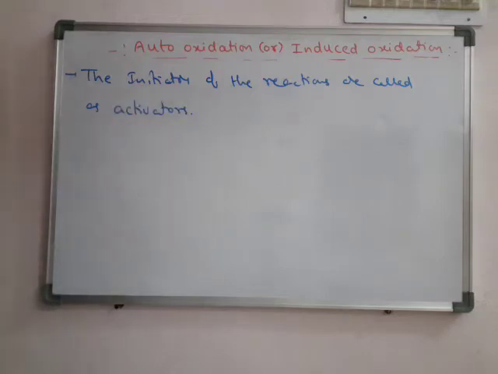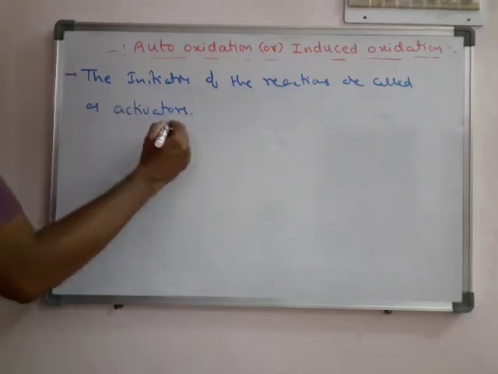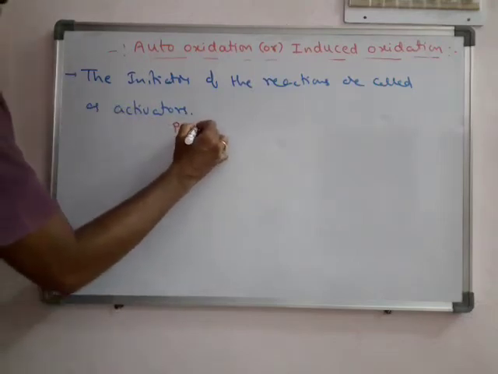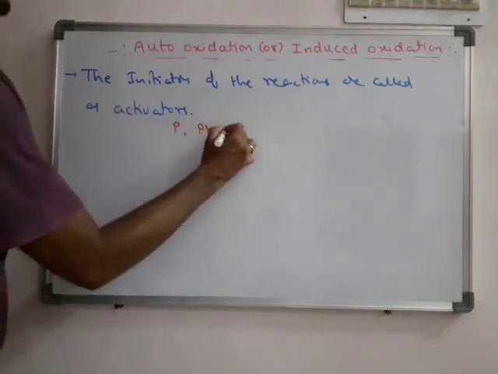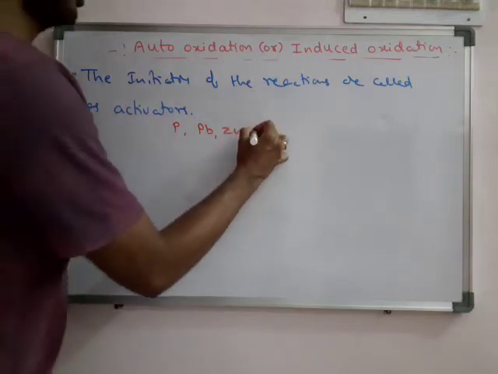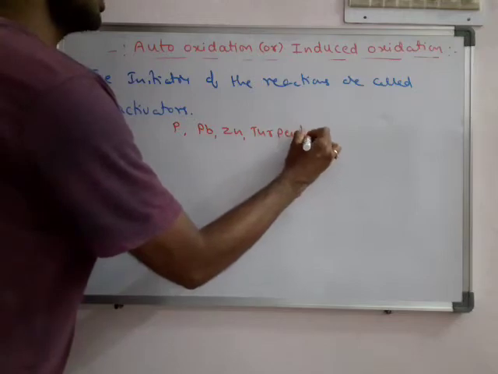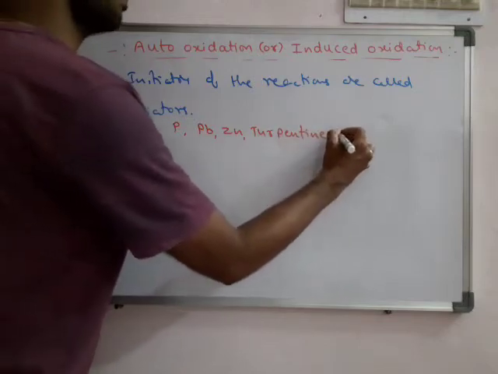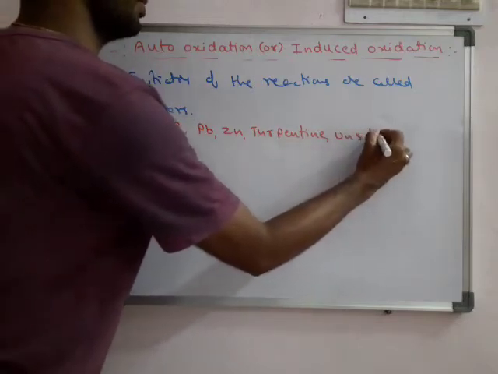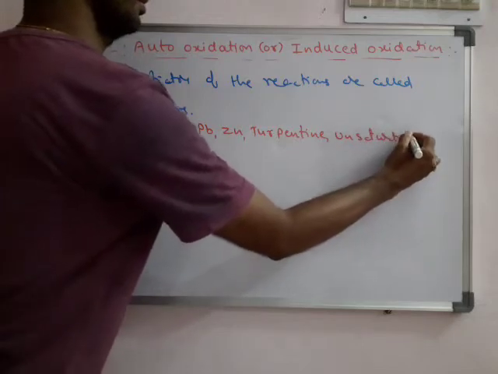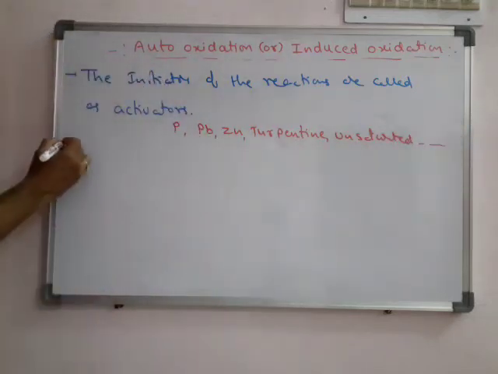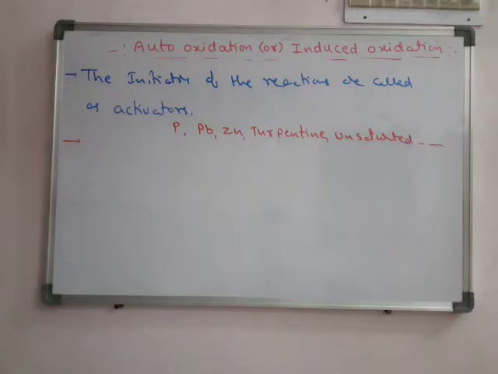So what are the activators here? Here the activators are the substances phosphorus, lead, zinc, turpentine. So very few compounds are present. So turpentine, unsaturated compounds. Like here one more important.